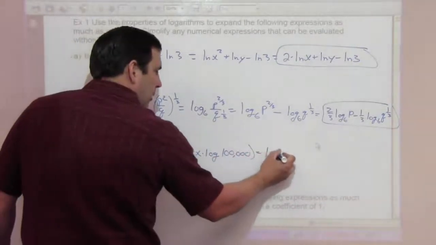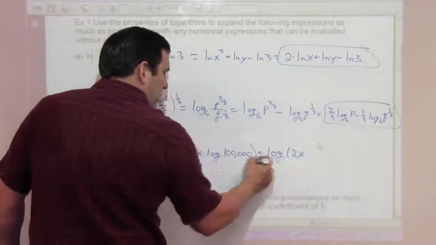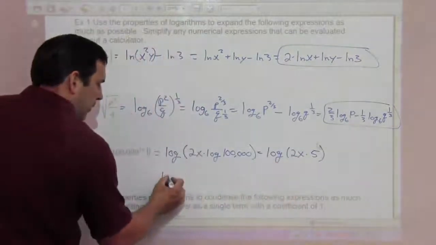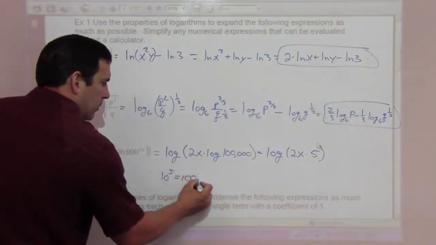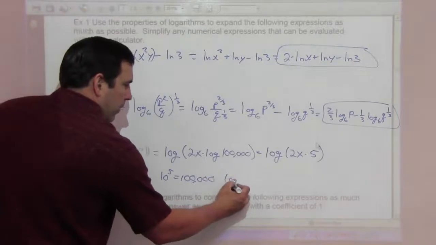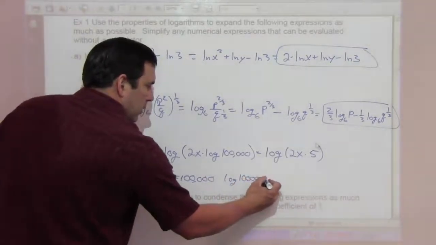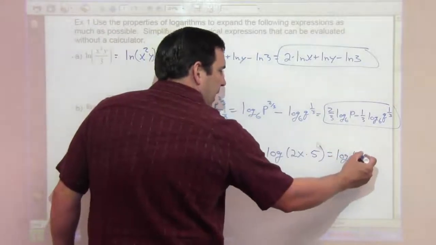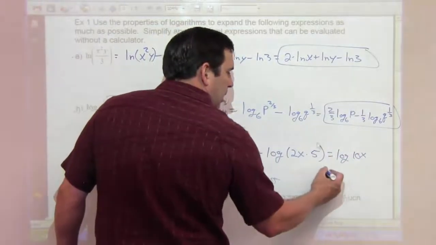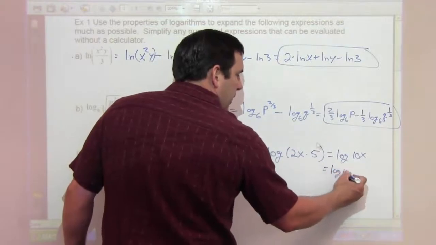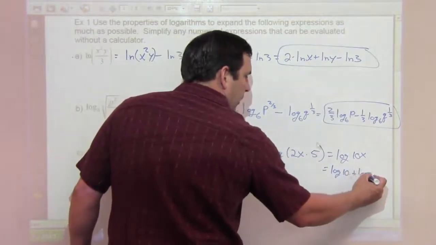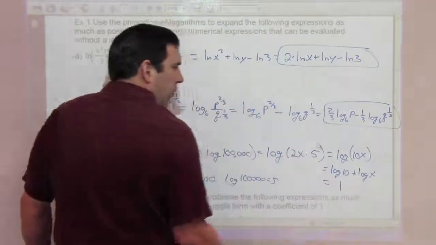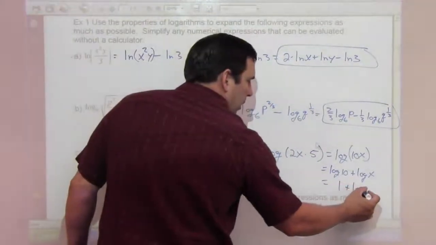That's going to be 10 to the 5. 10 to the 5th power is 100,000. So common log of 100,000 is 5. So this is going to be the common log of 10x. Now that's going to be common log of 10 plus common log of x. Common log of 10 is 1, 10 to the 1 is 10, plus the common log of x.